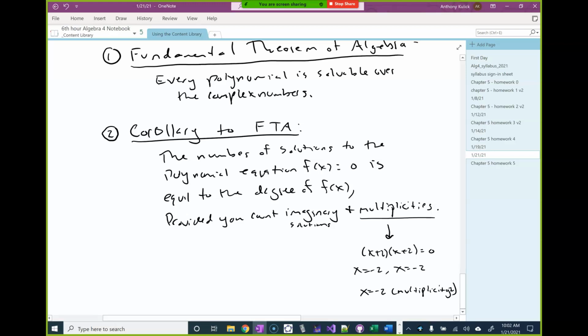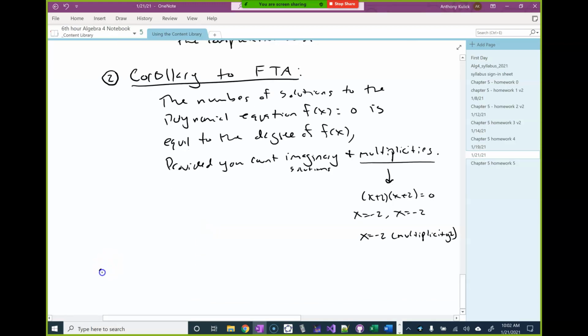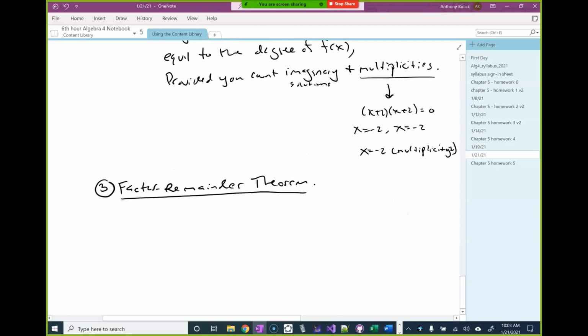That says that x minus a is a factor of the polynomial f of x if and only if f of x divided by x minus a has remainder 0, which is exactly what we've been using when we did our synthetic division factoring last time. We just formalized that.